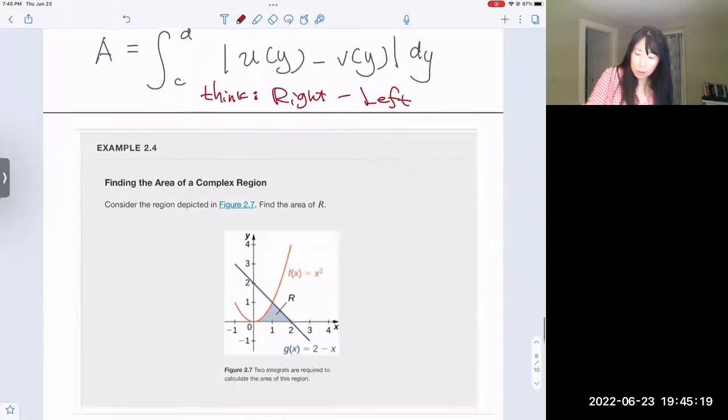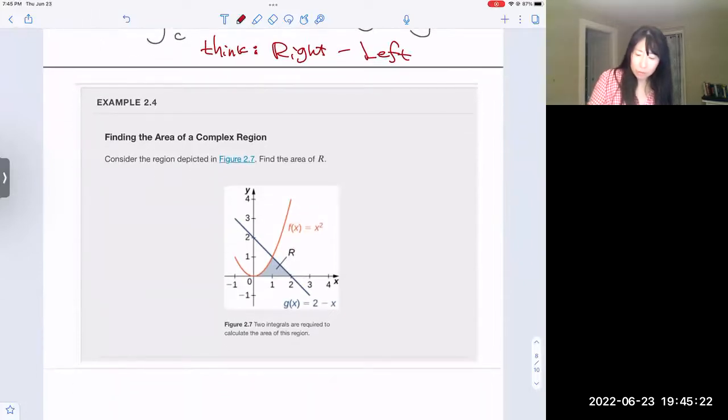So in this case, look, the straight line will be the right, and this parabola will be the left, right? Then right minus left, then we get the area between two curves, okay? All right, then everything we're going to change in terms of y. So let's see.